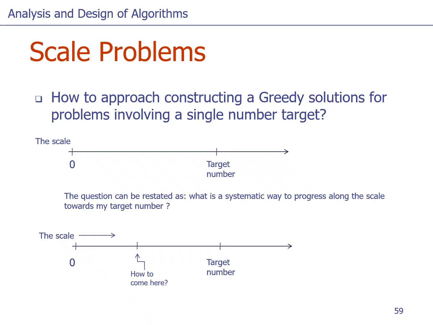So the question is, as I have put in the bottom picture, how to come to any specific point here. And then the next question is going to be how to come to as close a point to the target number as possible, because this is being greedy. So if you tell me, I want to go to 10, I want to jump to 9, and that brings me very close to 10.